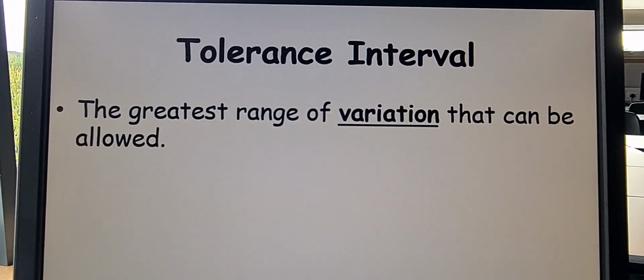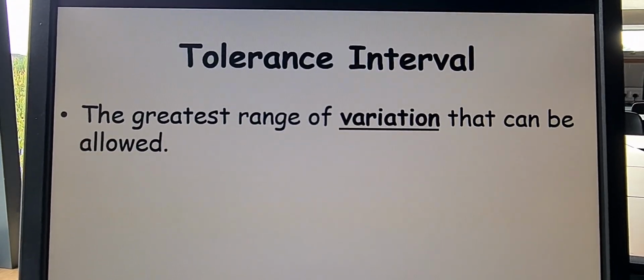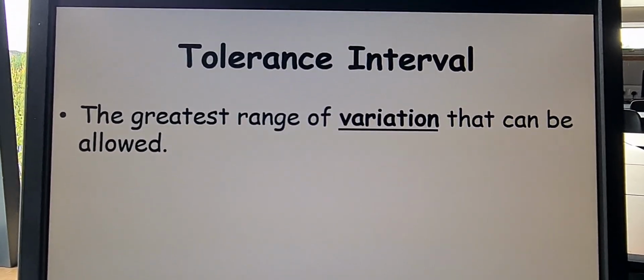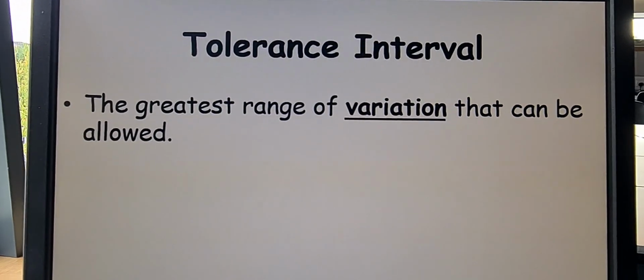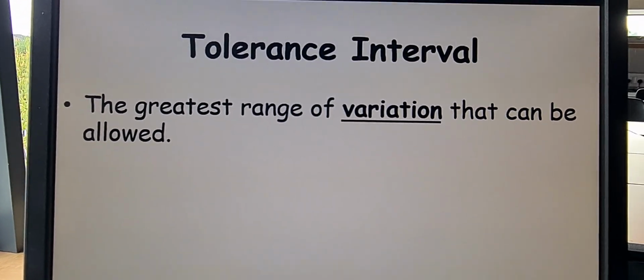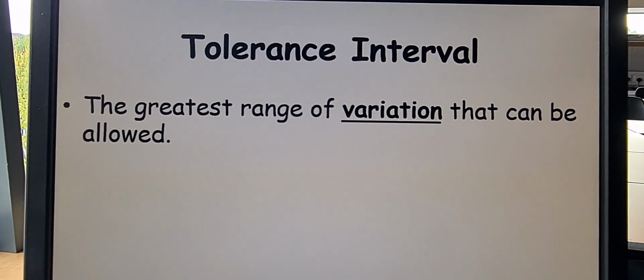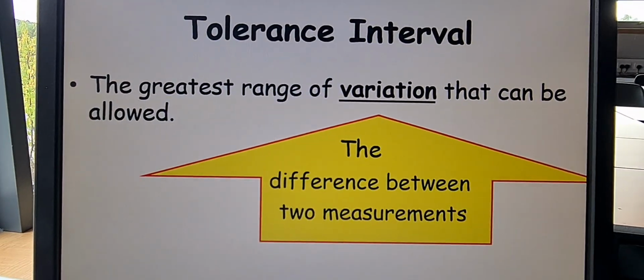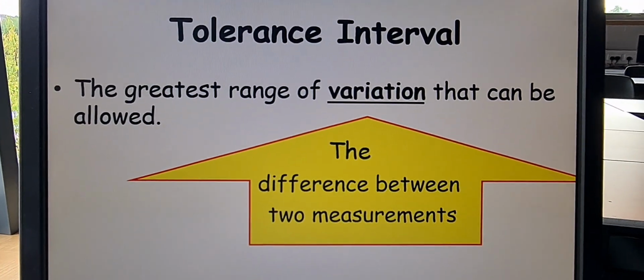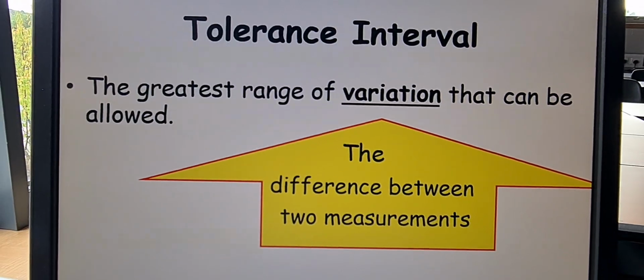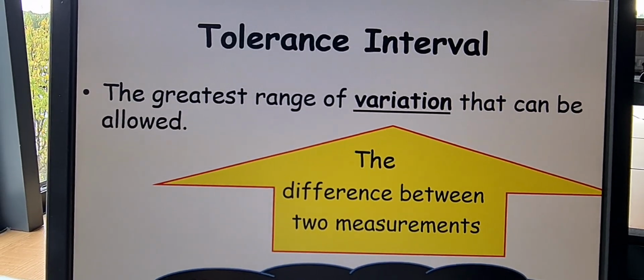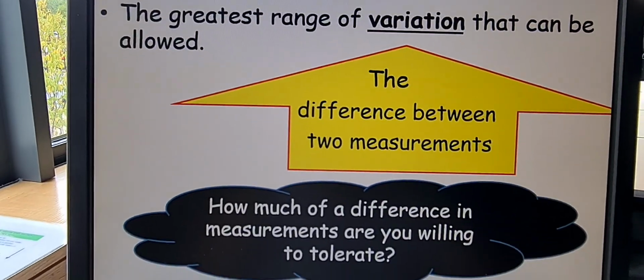Okay, it has to be discarded. So that would be a tolerance interval. Basically, how much are you willing to tolerate before which you will throw everything away, okay, or discard things. So it's the greatest range of variation that can be allowed. It is the difference between two measurements, okay, and the formula has to be known off by heart as well.